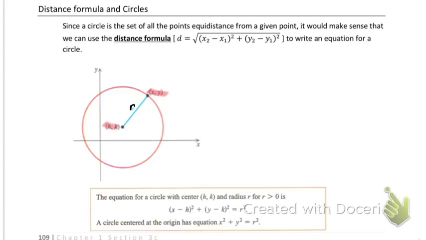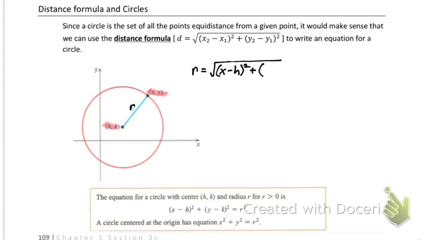So the formula to get from center to outside, our distance, would just be r equals the square root of x minus, and instead of x sub 1, we're going to use h. We're going to square that.